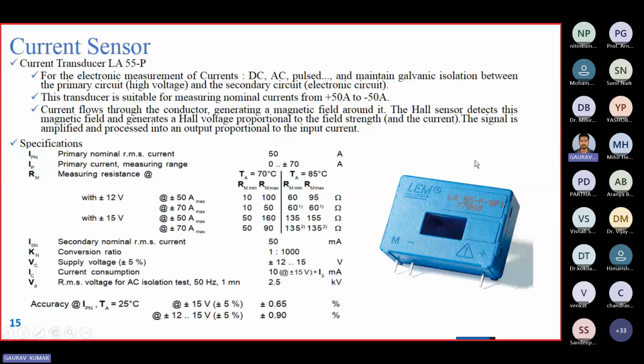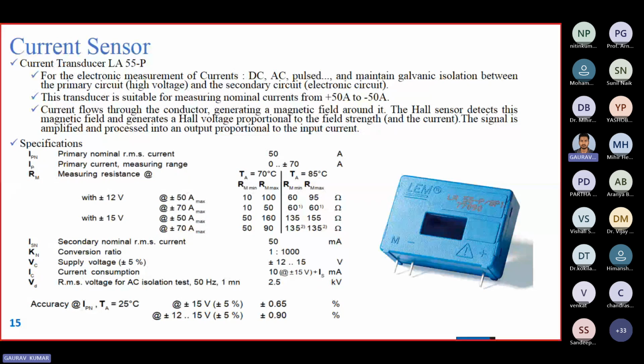When current flows through it, it generates a magnetic field, and due to the Hall sensor, the transducer converts it into the corresponding voltage or current signal. Then we can take the output accordingly.